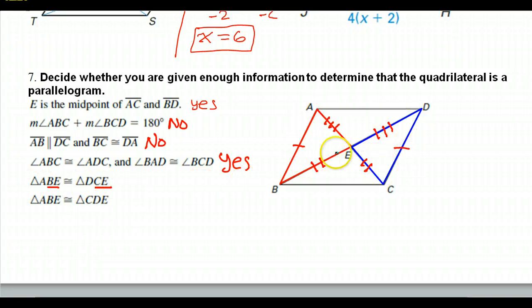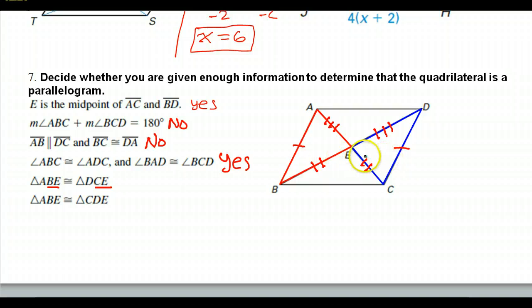So is this enough to prove that the shape is a parallelogram? Well, the only aspect of this that has a chance, because we don't have any angles for opposite angles. As far as opposite sides, we only have one pair of opposite sides of this quadrilateral.